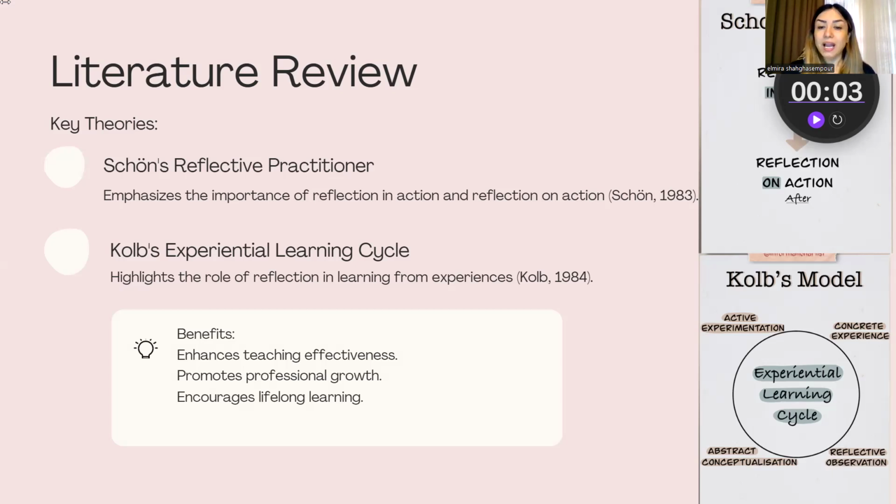For example, after you try a new teaching strategy, which can be a bit unknown for you, which is a concrete experience, you reflect on its effectiveness, how it affects you and also your audience, which is reflective observation, and also develop new insights about it, which is abstract conceptualization, and applying these insights in future lessons is considered active experimentation.